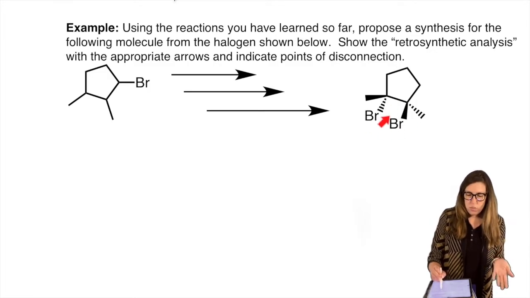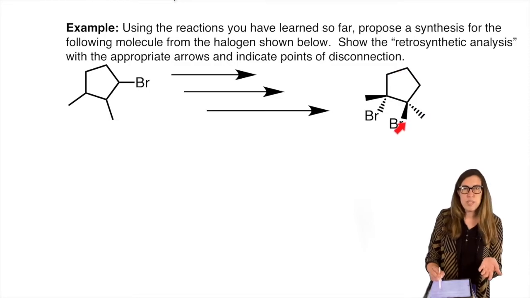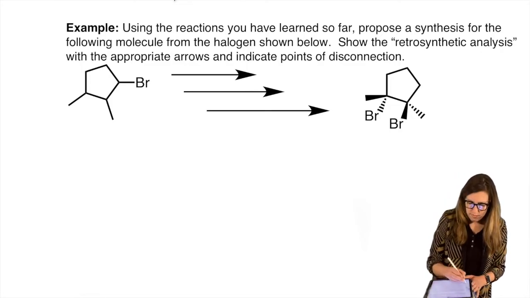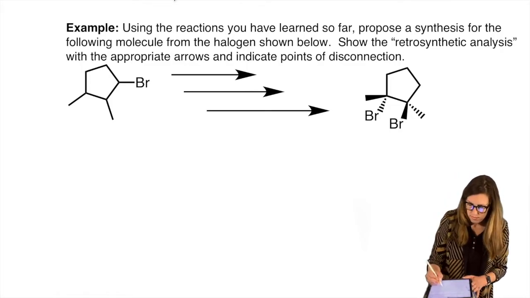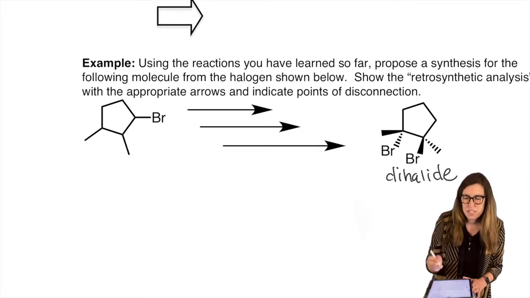So what did we have? What is made here? Well, the only functional group that we could discuss is a dihalide. So dihalide. That's the functional group. What's the relationship of the dihalide? The two halogens are anti to each other.